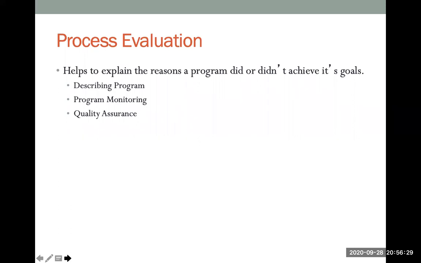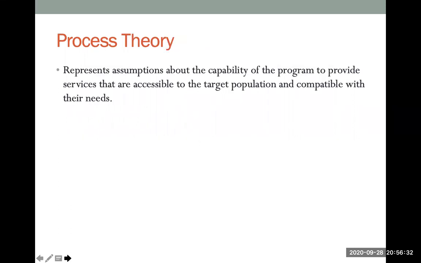The next piece I want us to think about is the process theory itself as it connects to process evaluation. Last week I talked about that theories are actual assumptions that we tend to test out, right? And similarly, in process theories, we've made assumptions that the program itself will have the capacity, the capability to provide the services that are accessible to the target population and compatible with their needs.